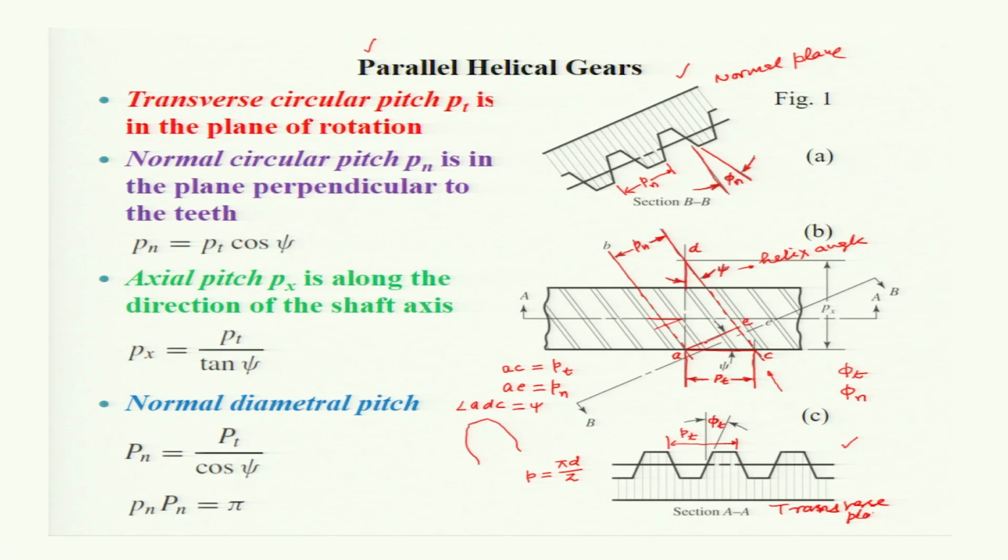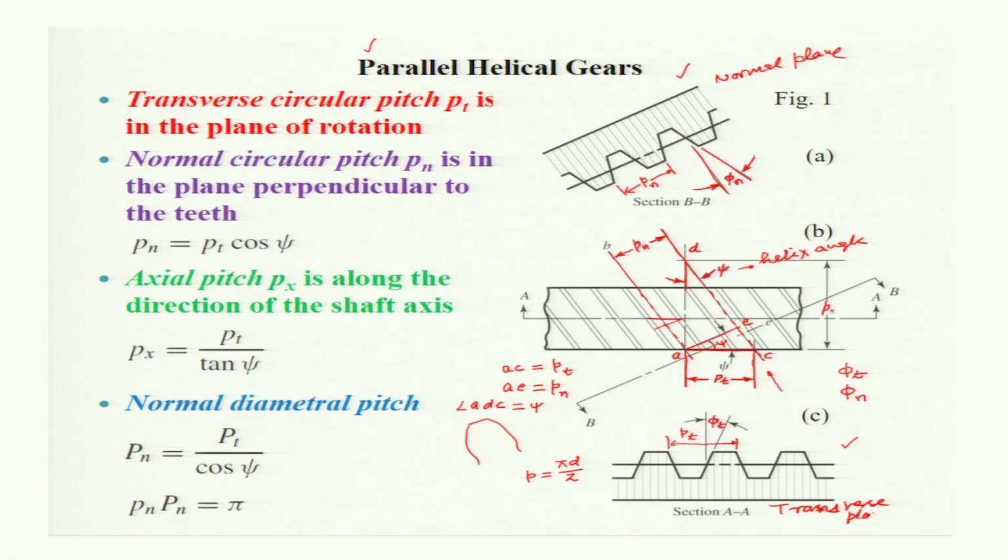It is obvious. This angle is psi, so this is 90 minus psi and this is psi, the helix angle. So, AC cos psi is equal to AE. So, Pt cos psi is equal to Pn. Pn is equal to Pt cos psi. And the distance AD is called the axial pitch.